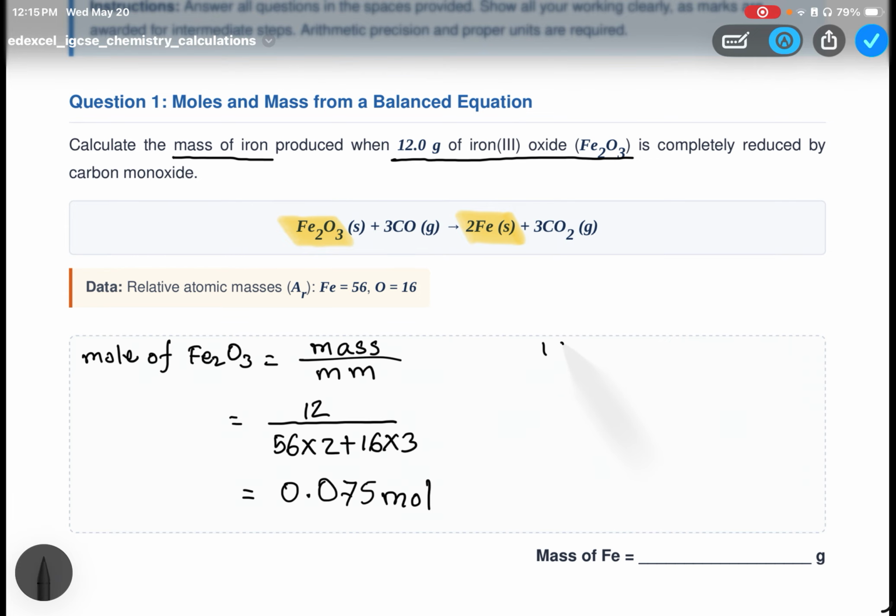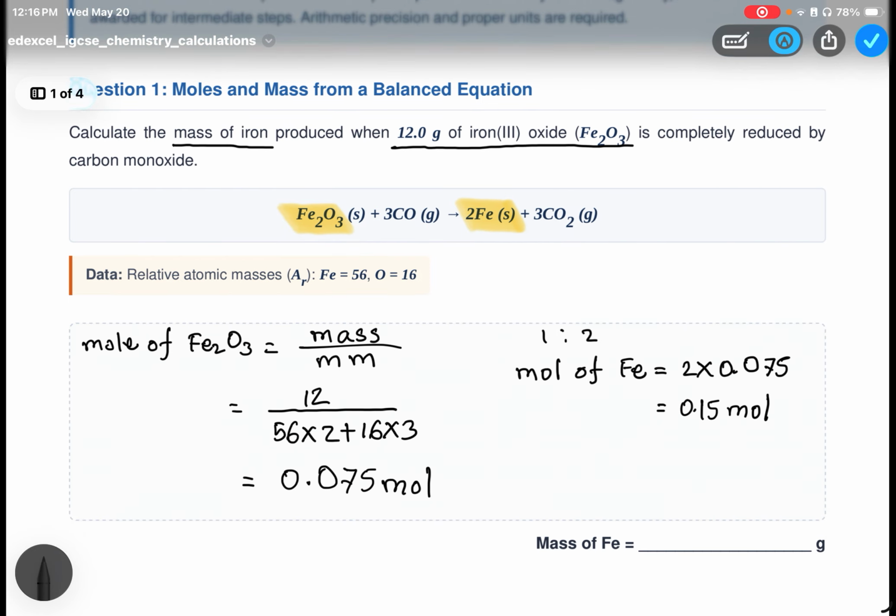The mole ratio is 1:2 because I have 1 in front of Fe2O3 and 2 in front of Fe. Therefore, moles of Fe will be exactly twice that of Fe2O3. So the value is 2 multiplied by 0.075, that is 0.15 mole. Now you know the moles of Fe.